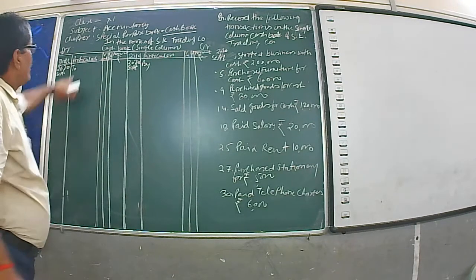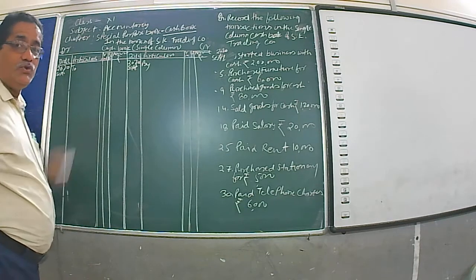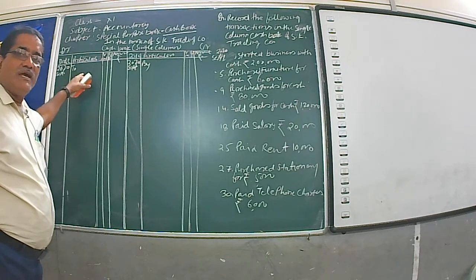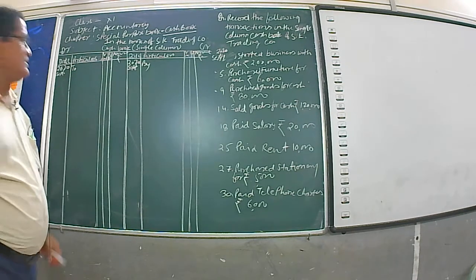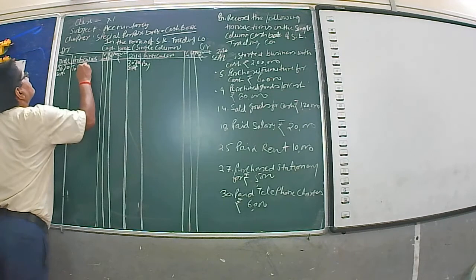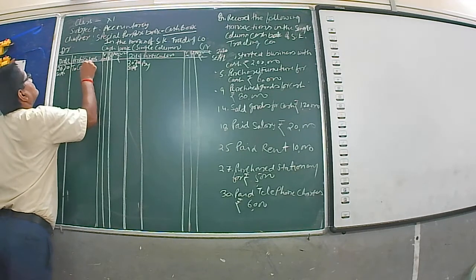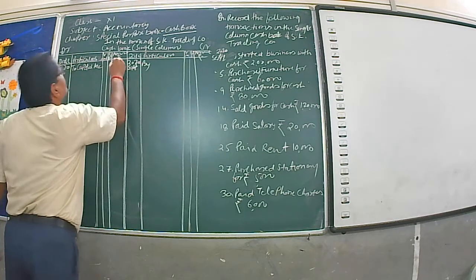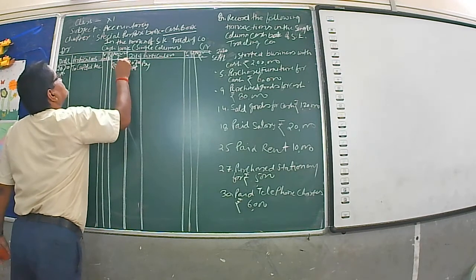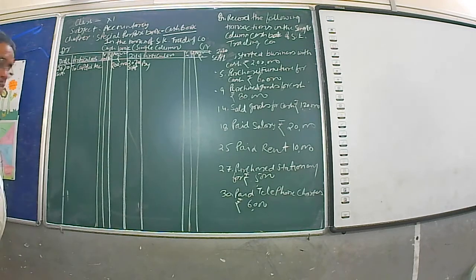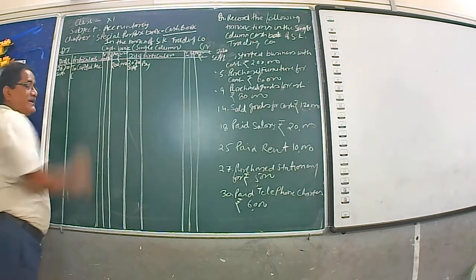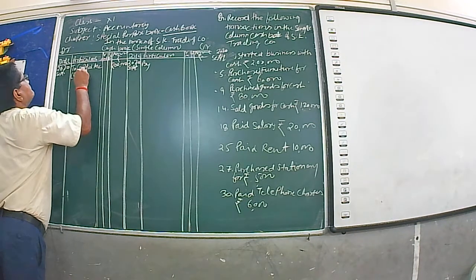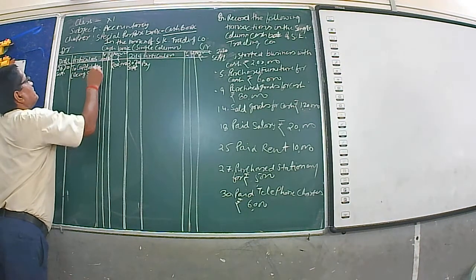So, cash account debit to capital: you will have to write "To capital account" in the debit side. And the amount is 2 lakh. You will have to write a short description, that is the narration: being started business.